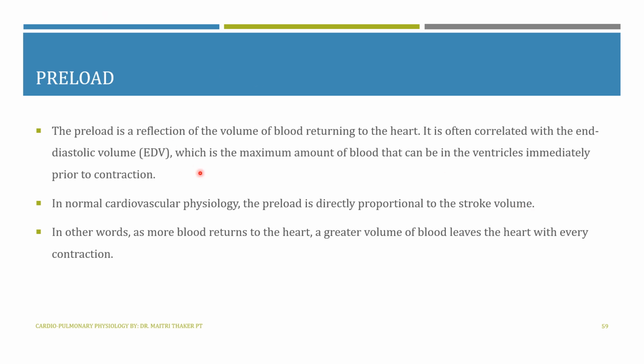So the higher the end diastolic volume, the higher the stroke volume. Obviously, if there is more blood, more will be ejected out of the ventricle. In other words, as more blood returns to the heart, a greater volume of blood leaves the heart with every contraction.